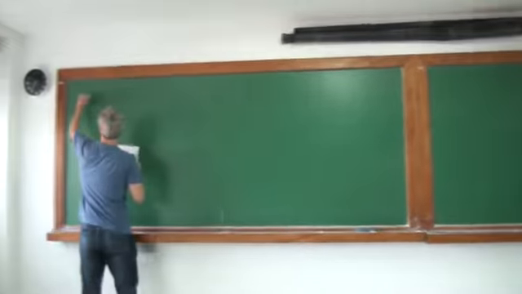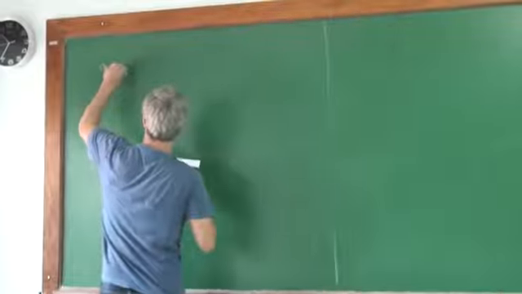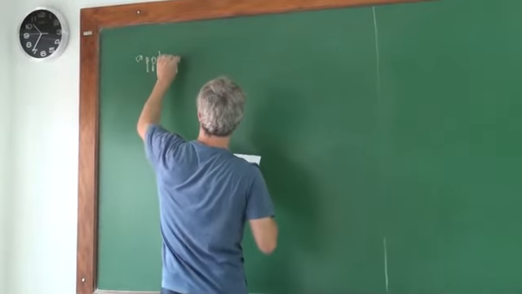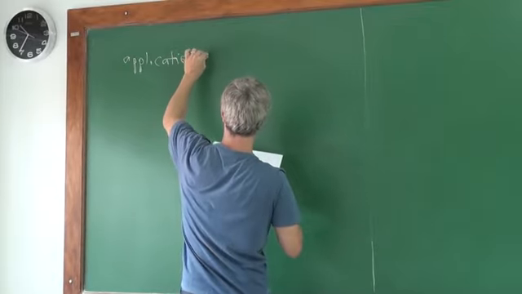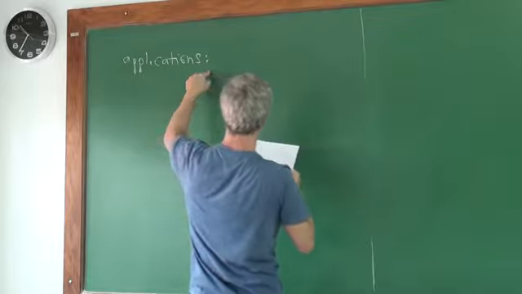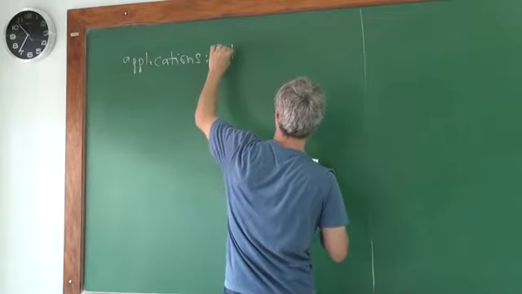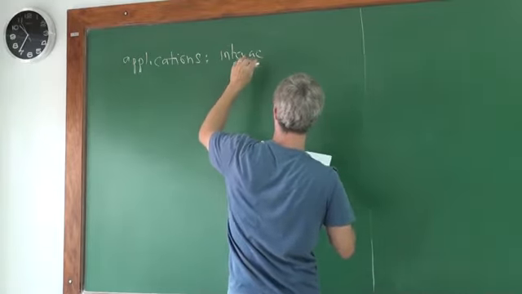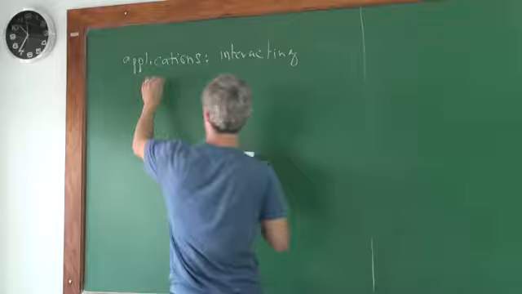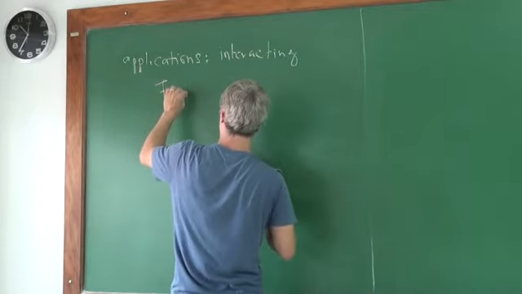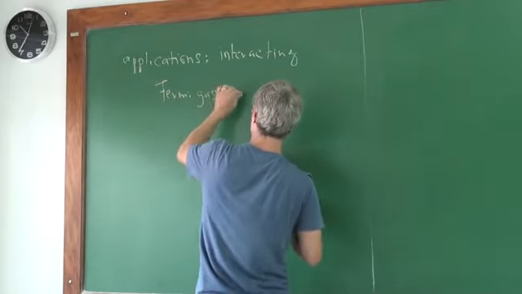Okay, so just an outlook of what ideally will follow, but I'm not sure how far we will get. This would now be applications, and we will first concentrate on fermionic systems, so we will consider the interacting Fermi gas and instabilities.